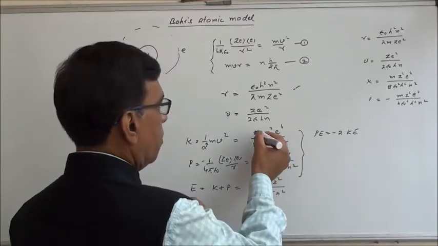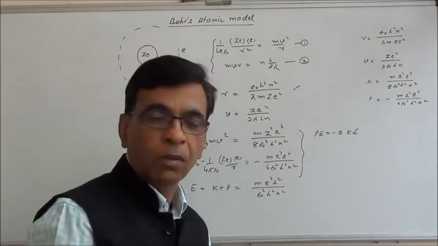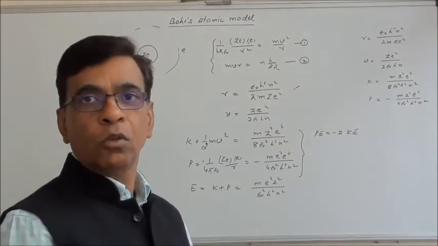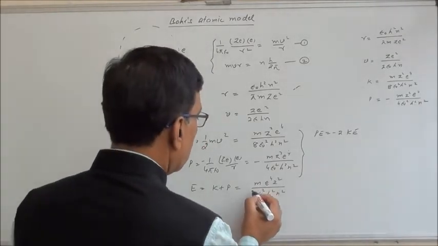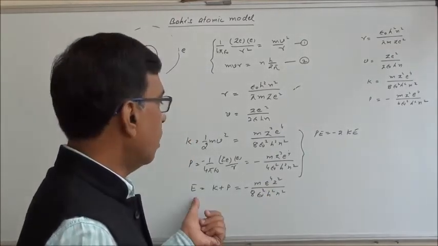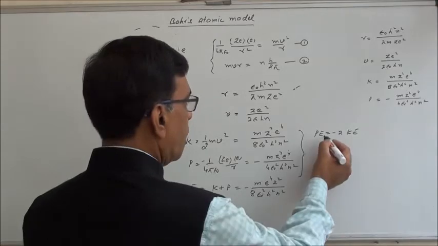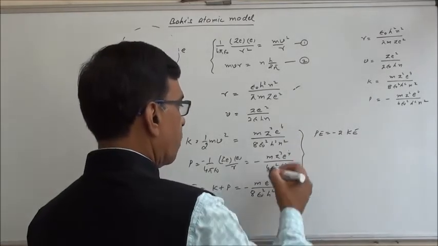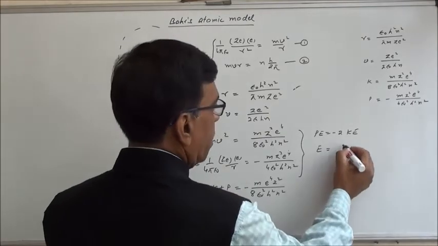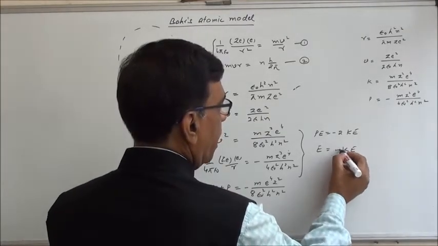The only difference will be 1 by 8 minus 1 by 4, or 1 by 8 minus 2 by 8. So this will be the energy. So potential energy is twice of kinetic energy, and total energy is same as kinetic energy but with a minus sign.